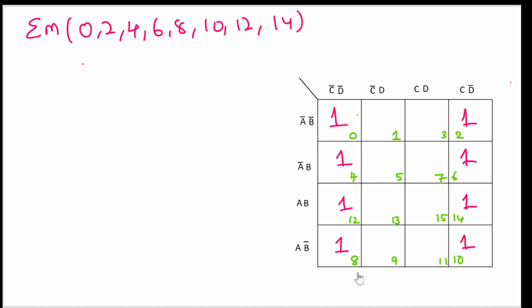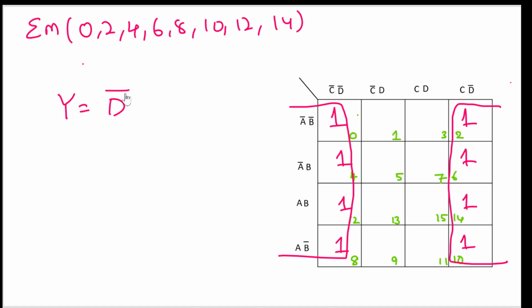Now we can easily form an octet by considering these 4 ones this side and these 4 ones this side. So you're going to get an expression y equals, so all 4 rows are there, that means A bar and A getting eliminated. If you look at these 2 columns, C bar D bar and C D bar, C is also getting complemented, that means you're going to end up with only D bar.